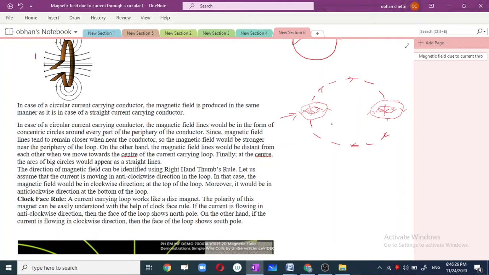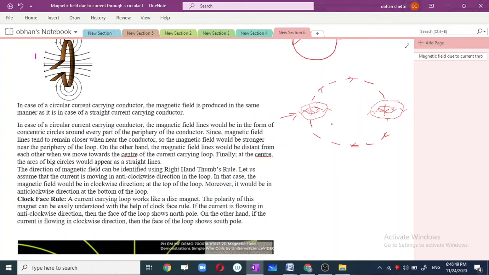right hand thumb rule. After this, I'd like to come to a very important rule, that is the clock face rule. What is the clock face rule? I won't come to the statement first. Let me make it clearer what the clock face rule is used for. The clock face rule is used for finding out the polarity of the magnetic field.